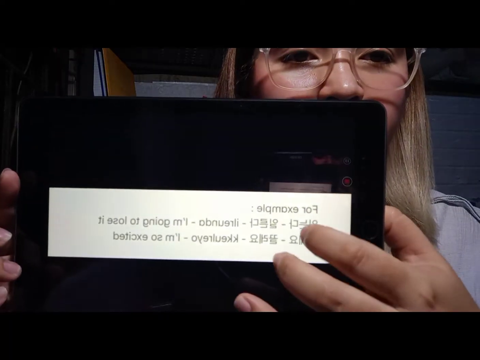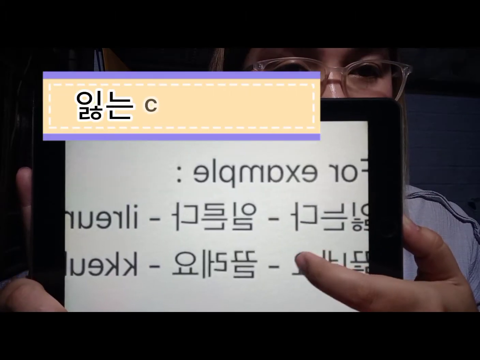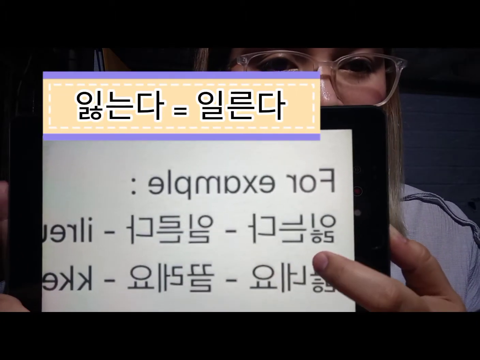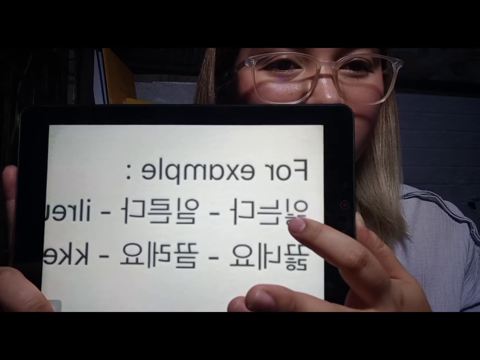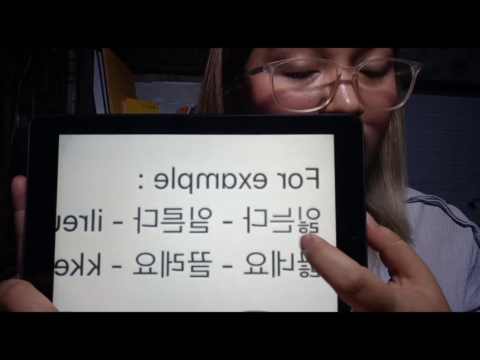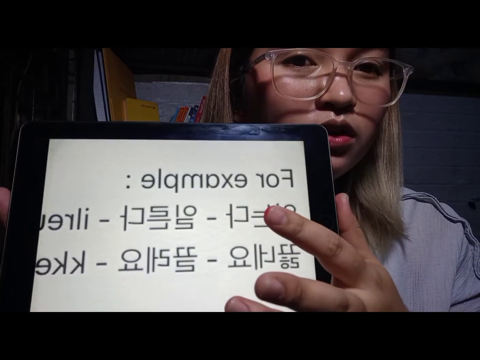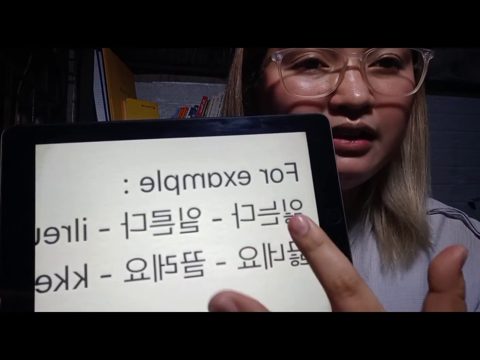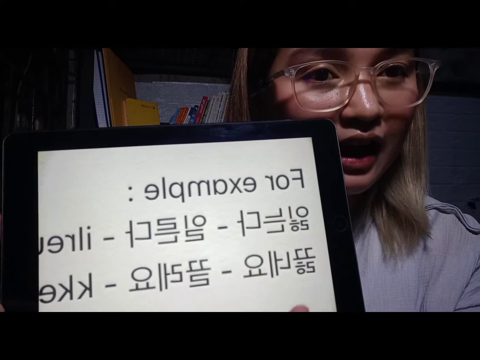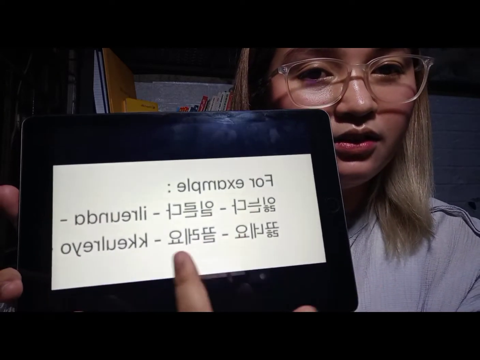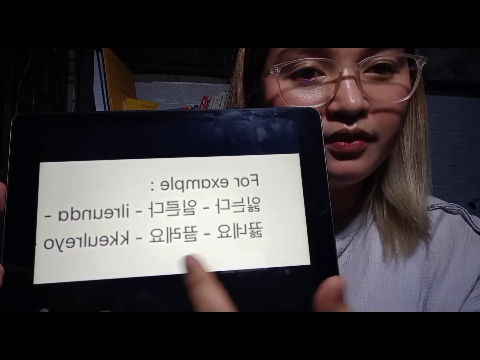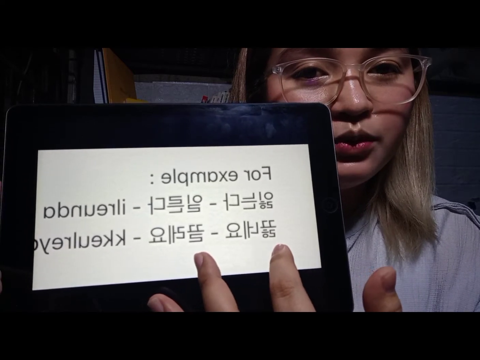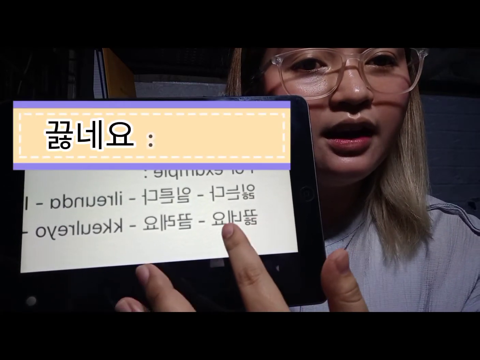So, for example, Ilinda. Parang basa dito is Ilnunta. Pero yung narinig ko is Ilunta. Parang ganito, Ilunta. Tapos, Kureyo.